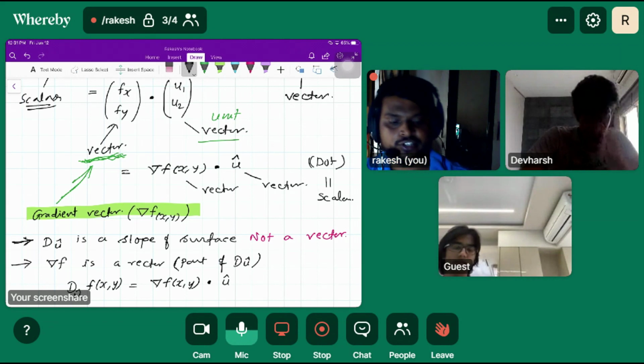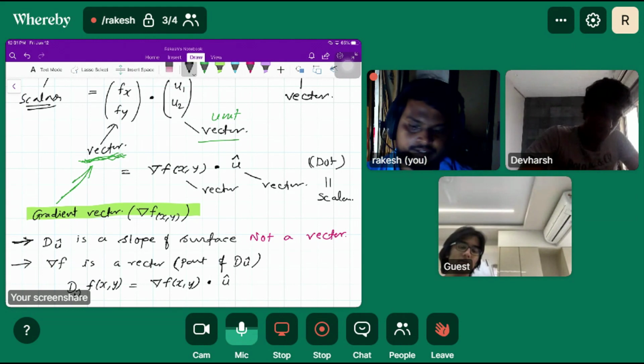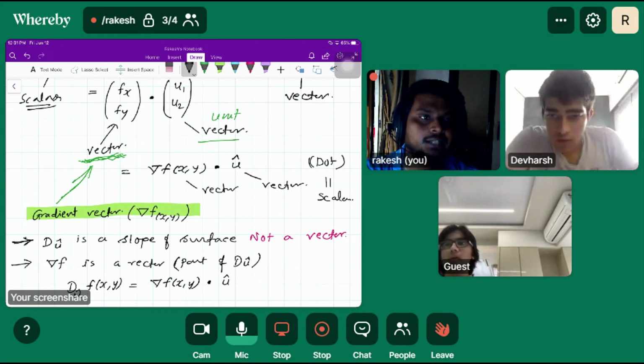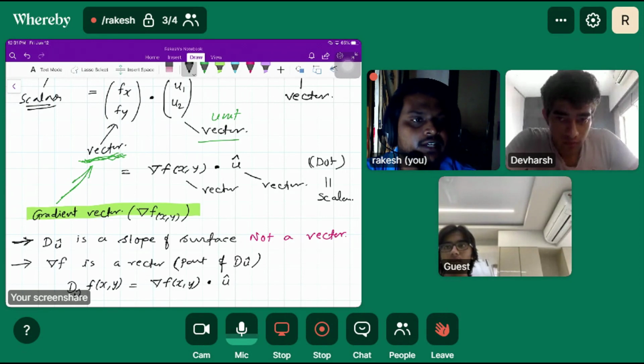It's very important because this gradient vector is going to be discussed for two or three classes back to back. We'll do Laplace and the Laplace equation also: f x x plus f y y is equal to 0.